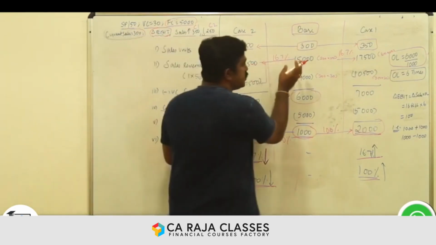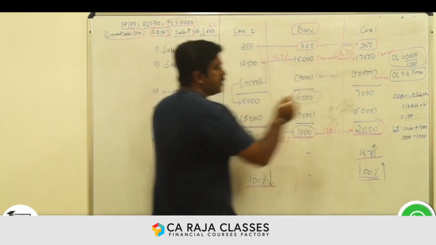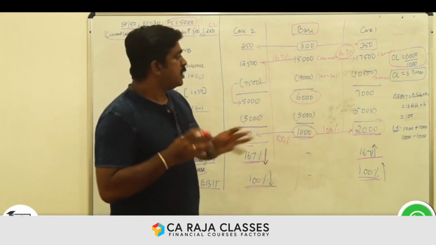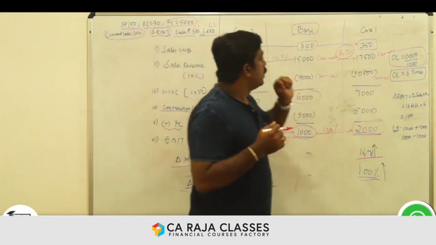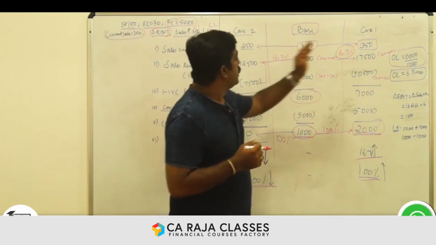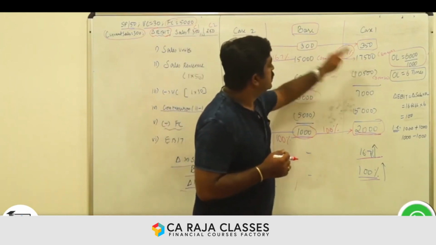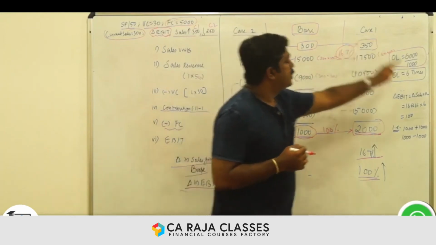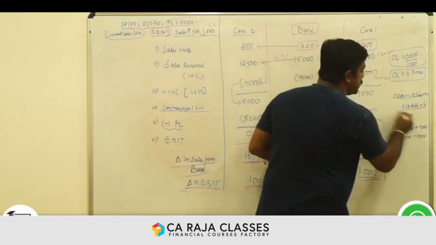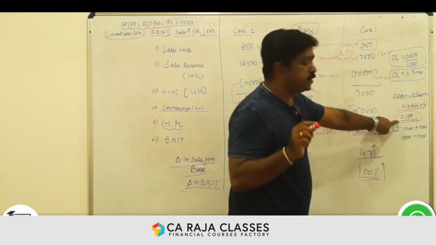Here your sales changed by 16.7%, and what is your operating leverage? 6 times. Your EBIT will undergo a change by operating leverage times. 16.7% multiplied by operating leverage, that is 16.7 multiplied by 6, it is 100. Your EBIT is going to change by 100%.